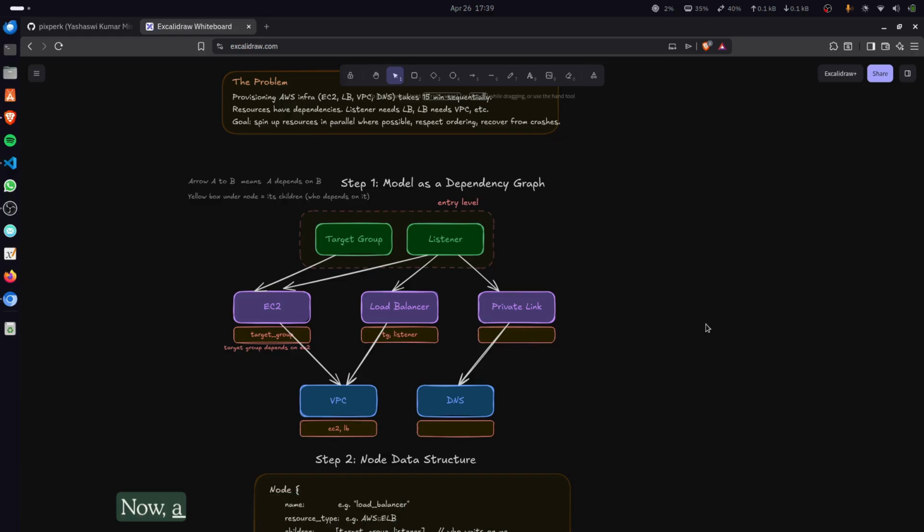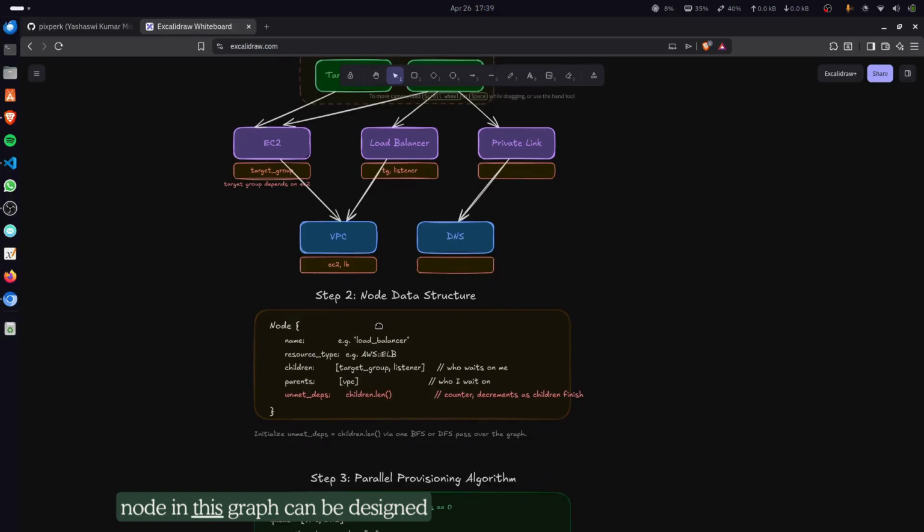Now a node in this graph can be designed like this. We will have a name, a resource type, the children for the node, and we'll also store the parents because we are going to use this in the algorithm, and we will store how many dependencies this node depends on have not been spun up yet.